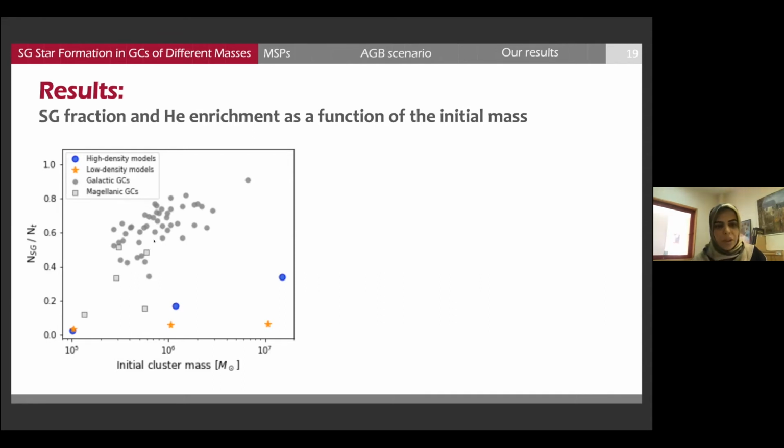We need to take into account the dynamical evolution of our cluster for a better comparison.